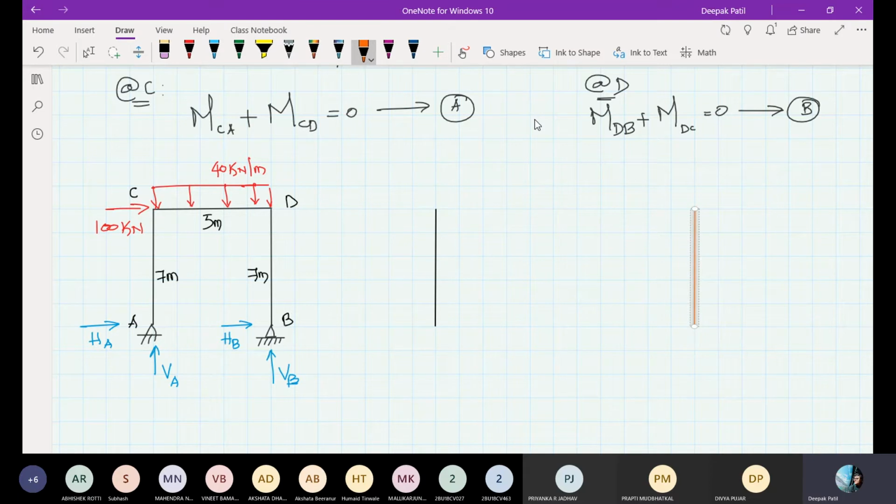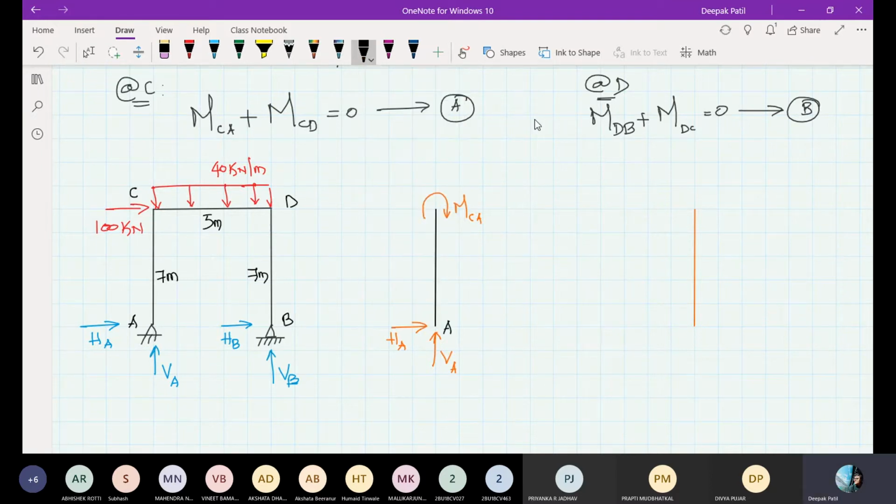I don't know the direction of moment MCA. I will assume that it is in this direction, that is clockwise. So I will call this MCA, and this is HA and VA. And there is no load acting on this.